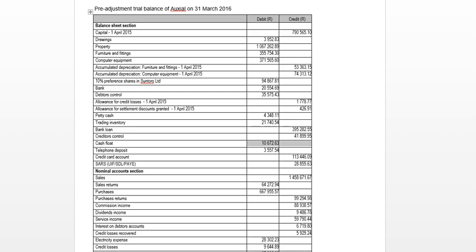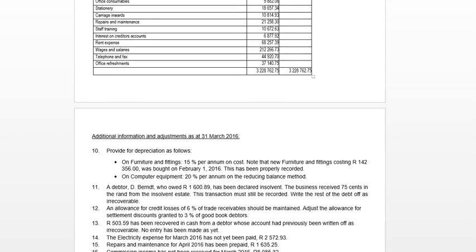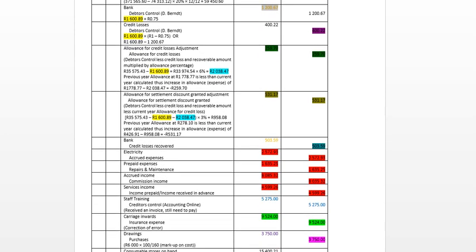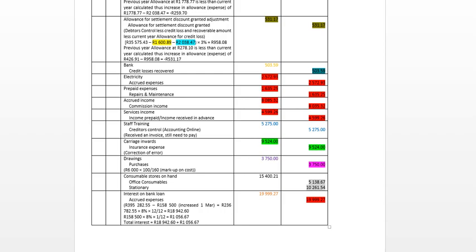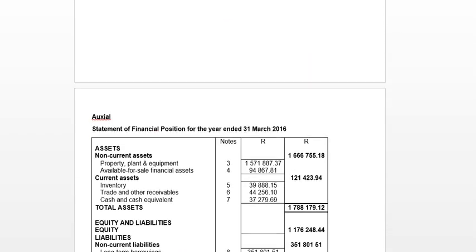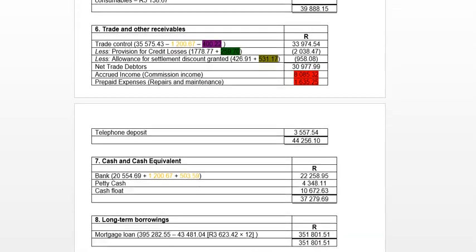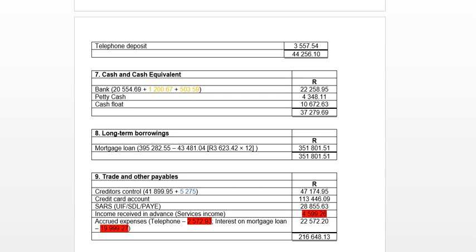10,672.63 cents. But take note, in your bank account, we received 1,200 Rand from Mr. D. Burnt, and we also received our credit losses recovered of 503 Rand and 59 cents.